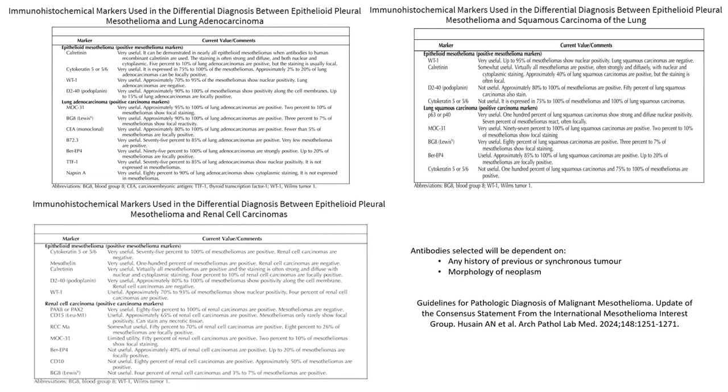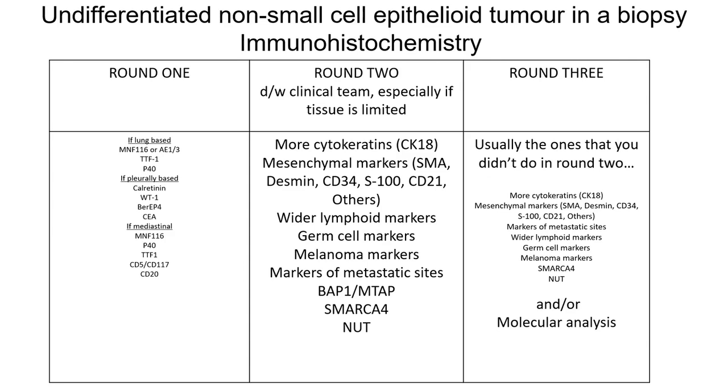And there's a very nice review by many of the international experts on mesothelioma published last year in the Archives of Pathology and Laboratory Medicine. And then if you still don't have a definitive answer, you probably do all the other antibodies and then consider molecular analysis, which I will come to.